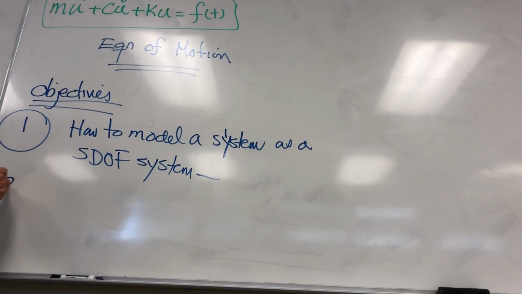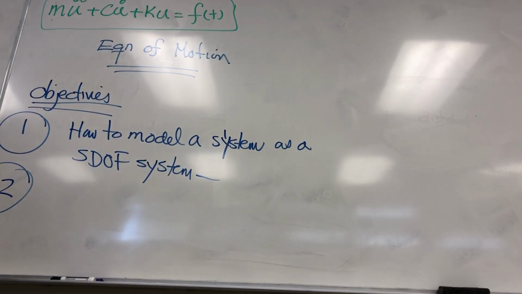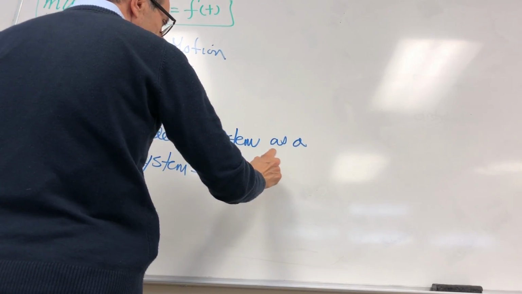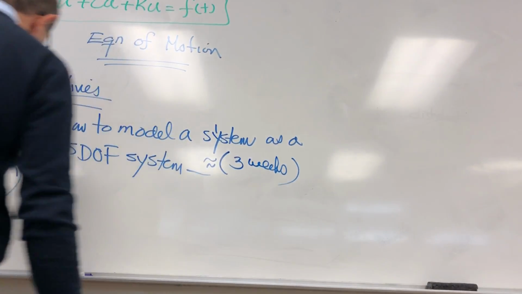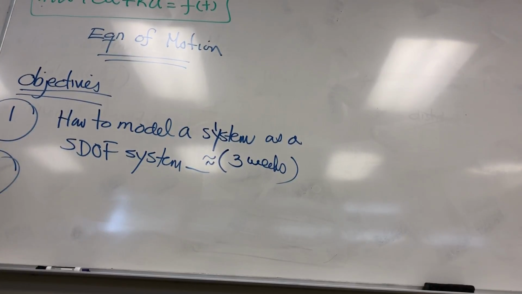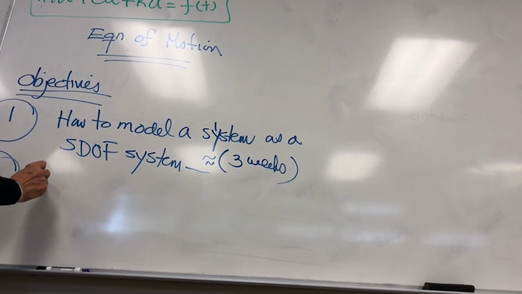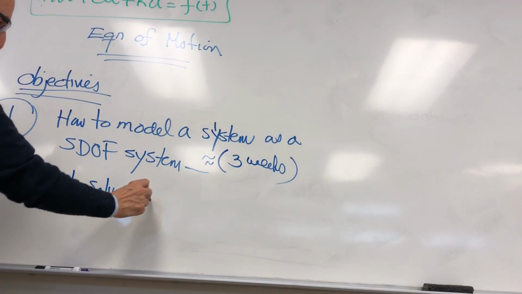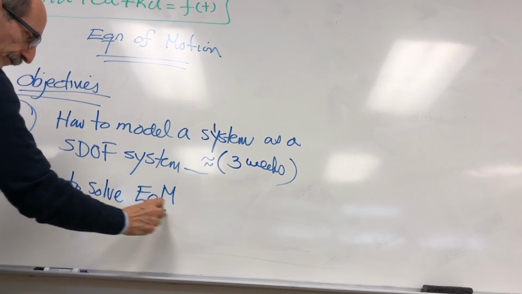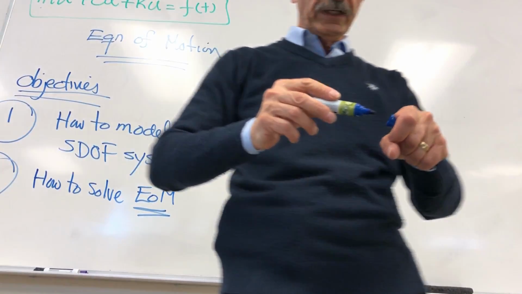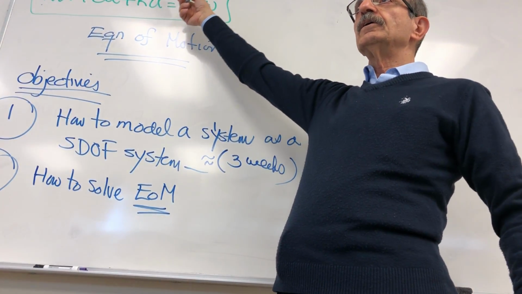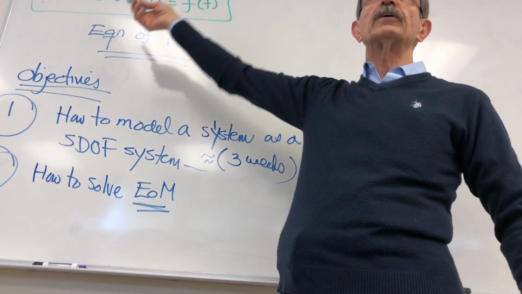So the second step, so we spent probably about, give or take, about 3 weeks. The second step is how to solve the equation of motion. You would say this is a piece of cake, right? Because this is just a second order, ordinary linear differential equation.